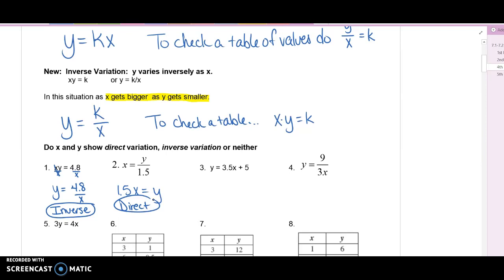Take a look at number 3. What do you think about number 3? Do either of our equations say anything about a plus sign? No, they do not. So, do you think it's direct or inverse? No, it is neither.